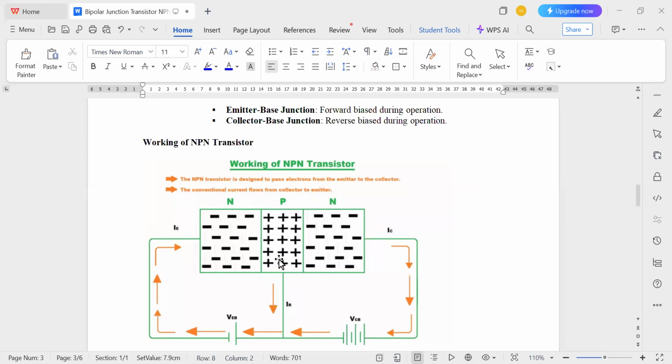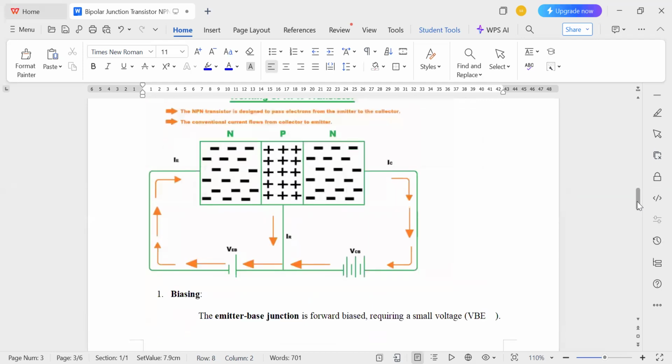Reverse bias means P should be connected to the negative terminal of the battery and N to the positive terminal. Here the collector is connected to the positive terminal and the base to the negative terminal. So the base should be positive towards the emitter side and negative on the collector side. If we connect like this, the base-emitter junction is forward biased.